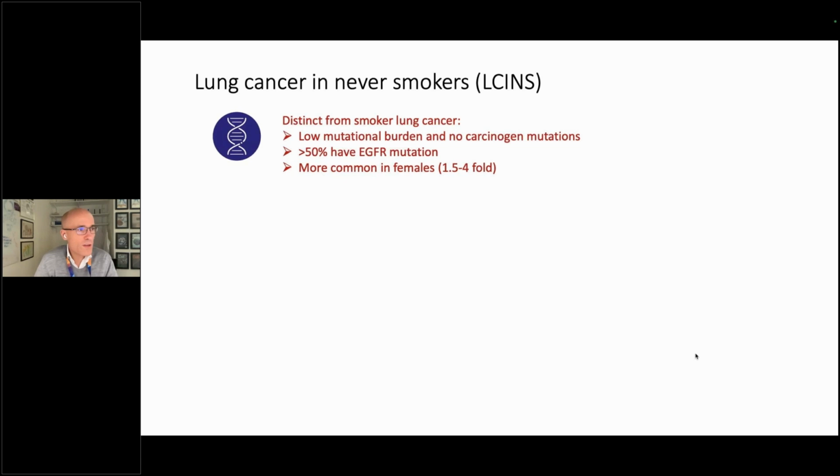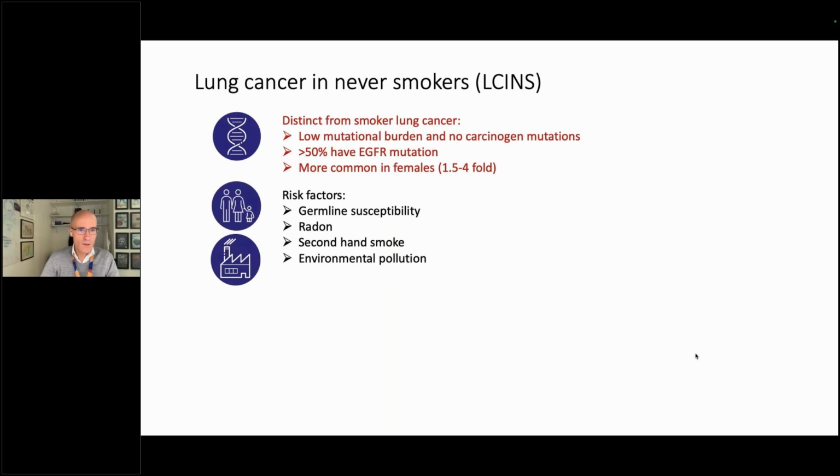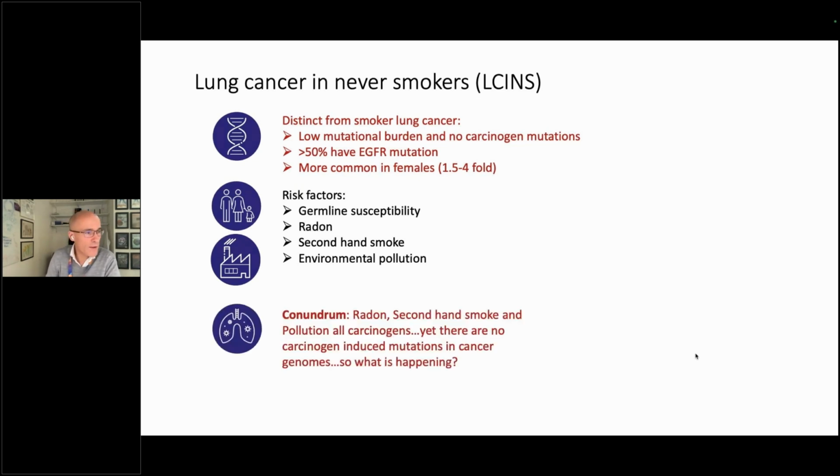It's also more common in women than men, somewhere between 1.5 and 4 times more frequent in females. Potential risk factors are what you inherit from your parents, so differences in your genome compared to your neighbor or your friend that might determine risk, radon gas, secondhand smoke, and environmental air pollution that I'll be speaking about today.